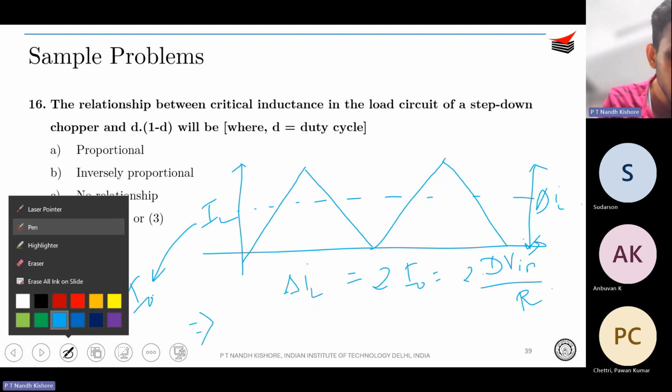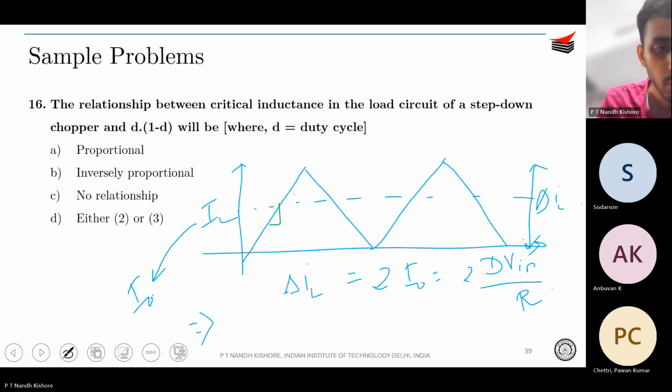So during this period, what happens in a buck converter? So you have your switch.